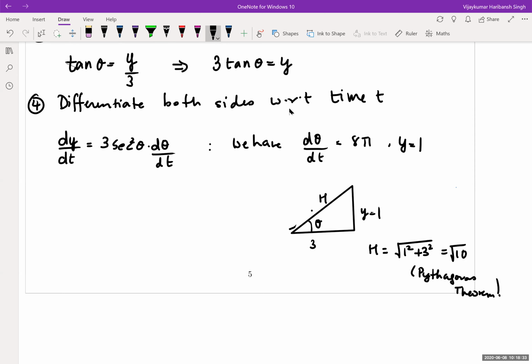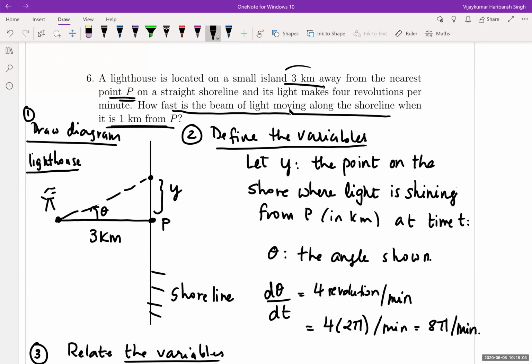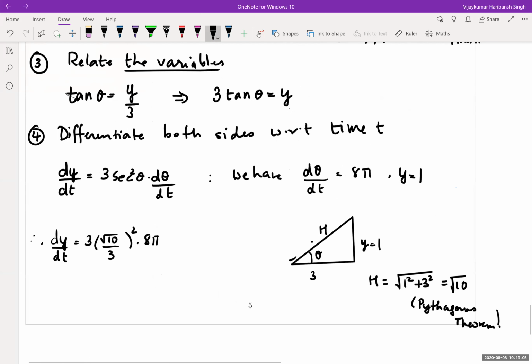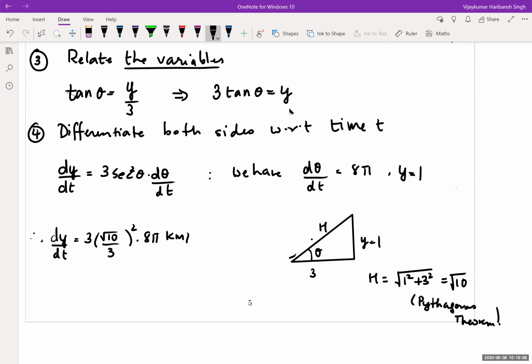Therefore dy by dt is going to be 3 times, now what is secant theta? When y is 1, secant theta is square root of 10, hypotenuse divided by adjacent side, which is 3, the whole square, times d theta by dt, which is 8 pi. And this is measured in kilometers per, oh sorry, minutes.